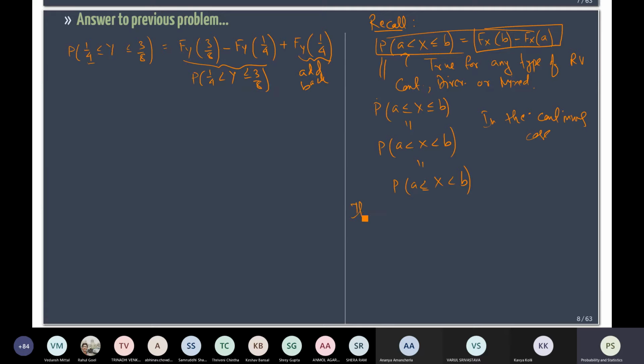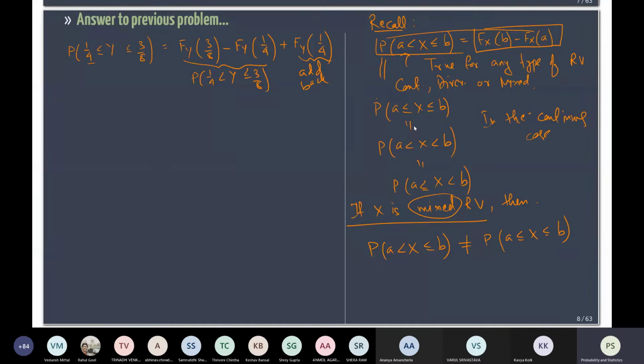Okay, so if X is a mixed random variable, then the probability that a < X ≤ b may not be equal to the probability that a ≤ X ≤ b. So remember this guy, mixed, because it could be that there was a jump at this point.